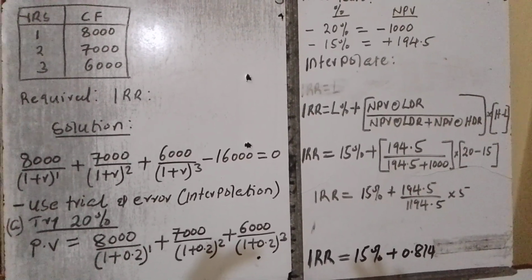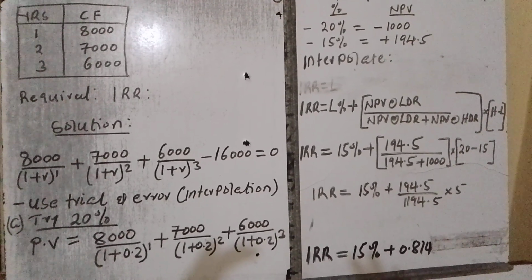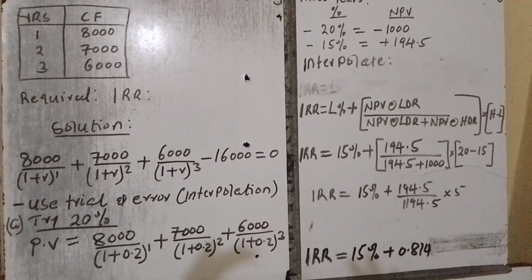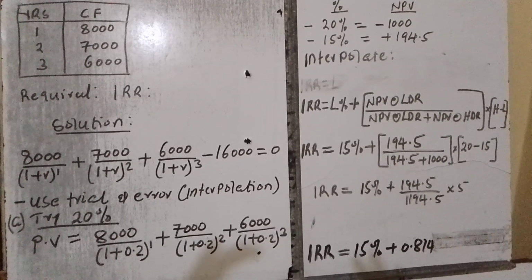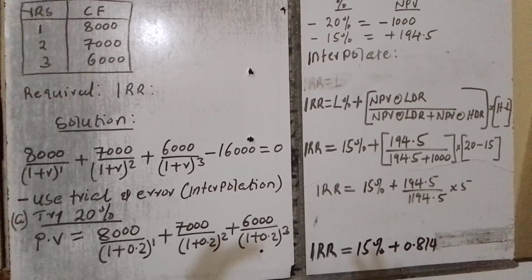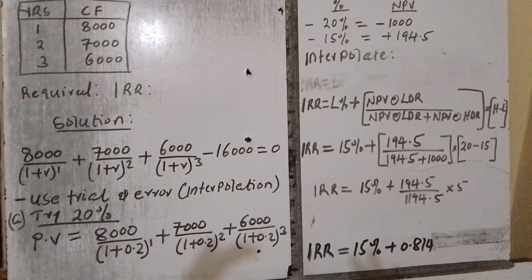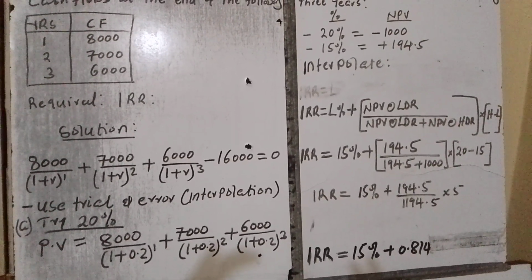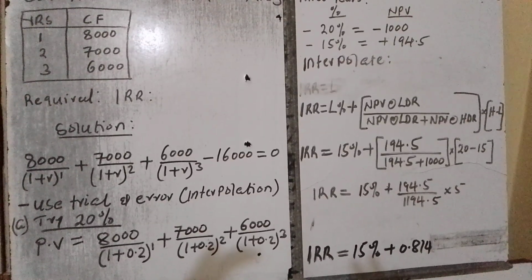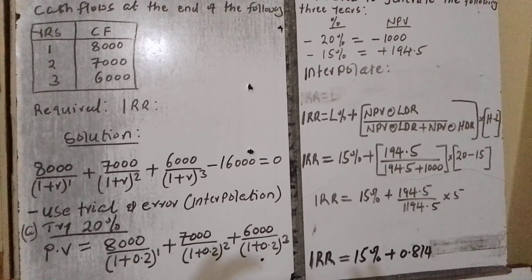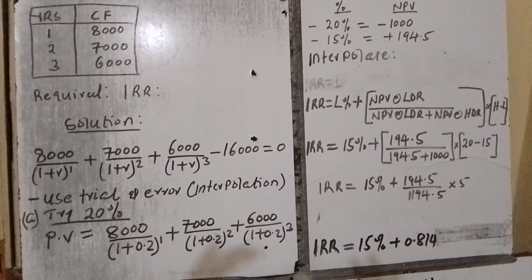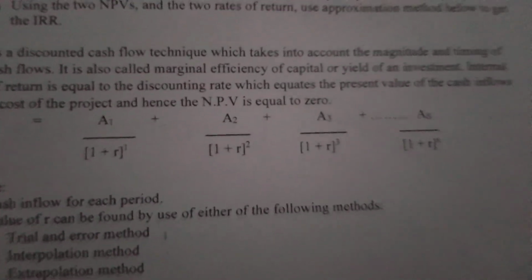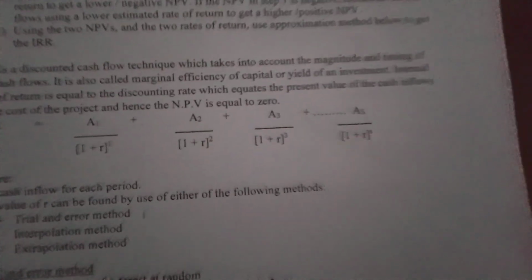If you pick 15%, it will be 8,000 over 1 plus 15% raised to 1, plus 7,000 over 1 plus 15% raised to 2, plus 6,000 over 1 plus 15% raised to 3. Then you subtract the initial capital outlay, 16,000, and you get the net present value. So that is what we mean by this illustration here.